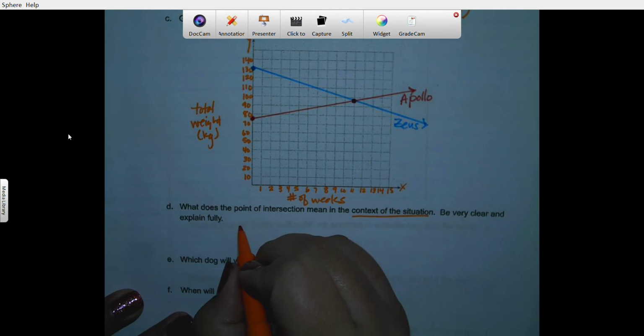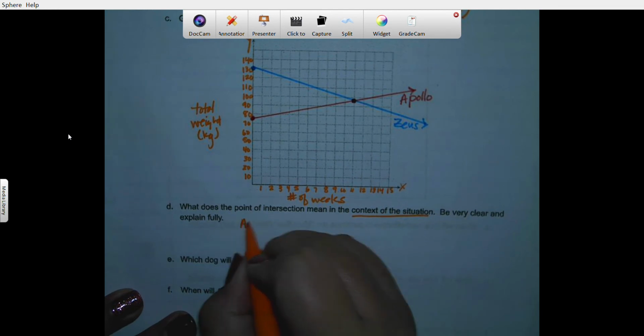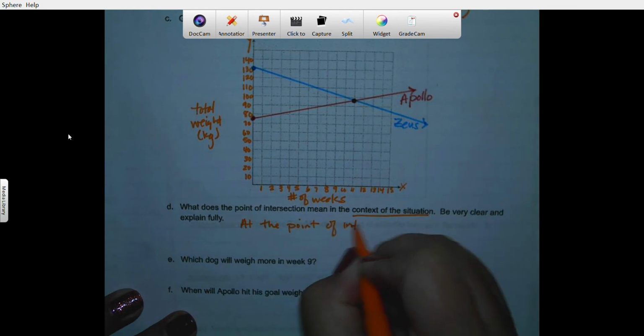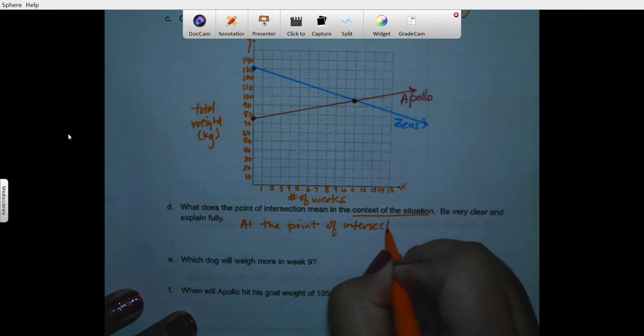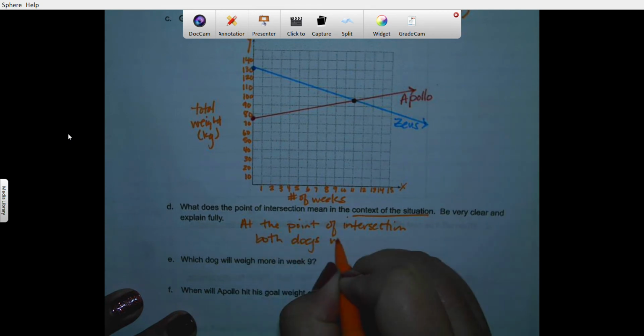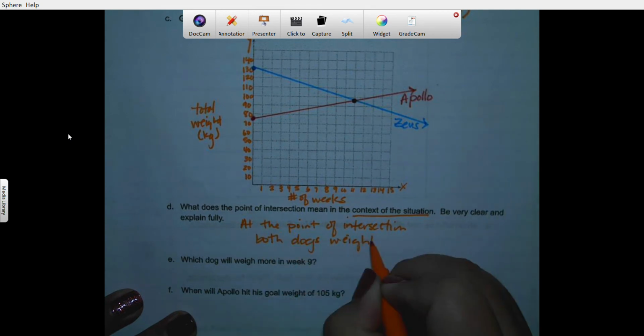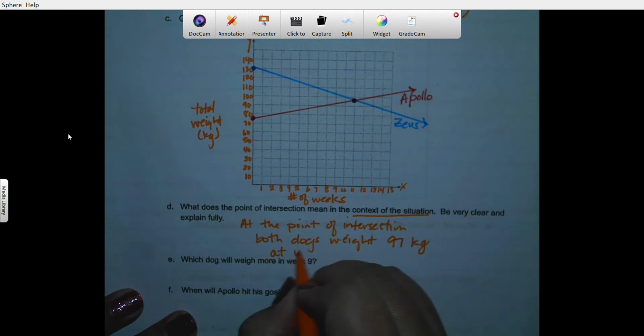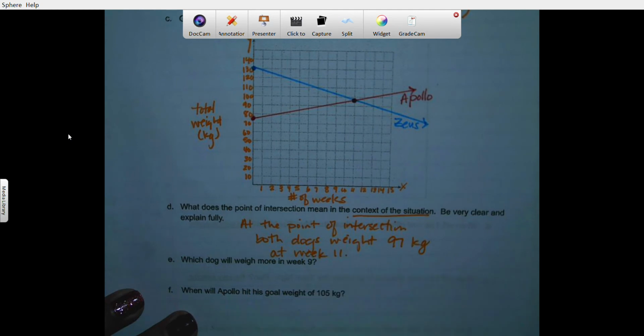At the point of intersection, both dogs weigh 97 kilograms at week 11.